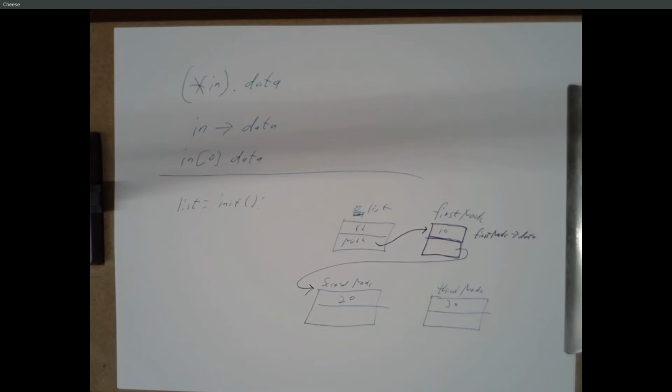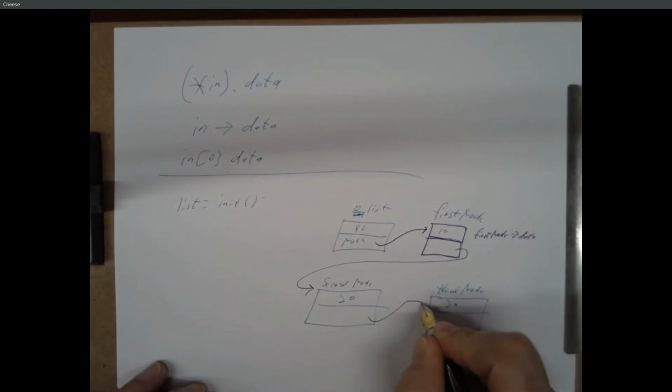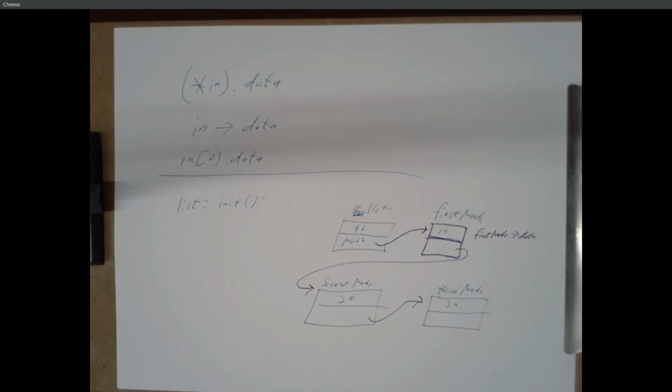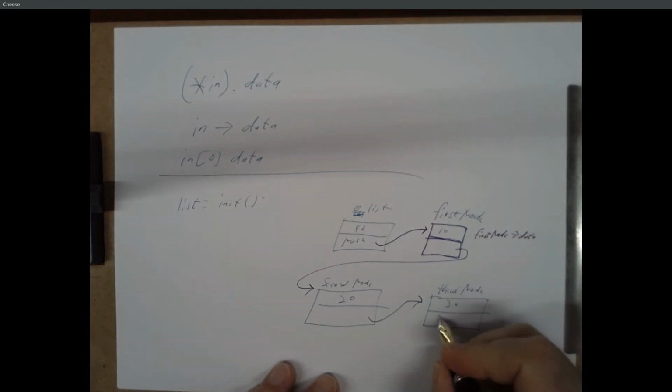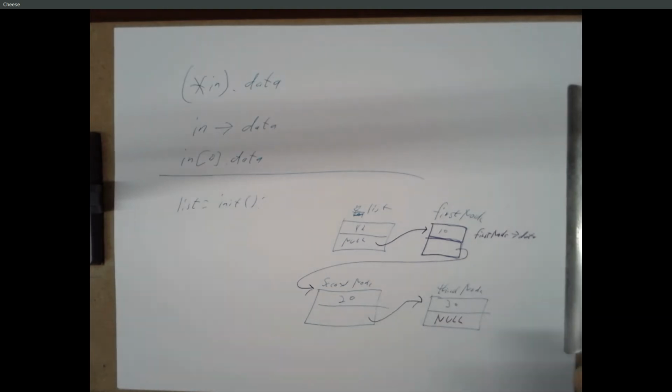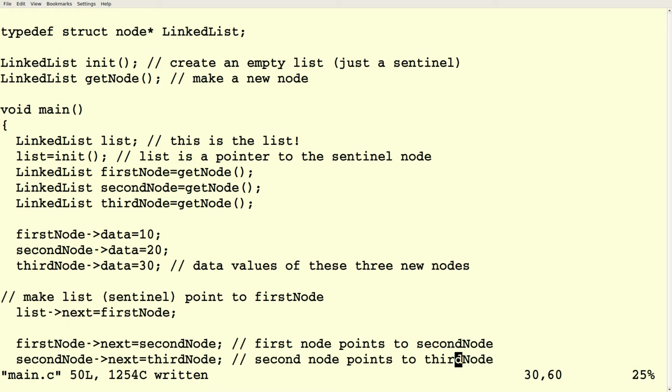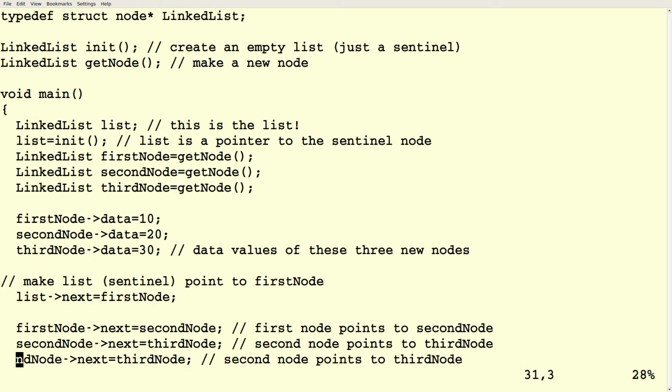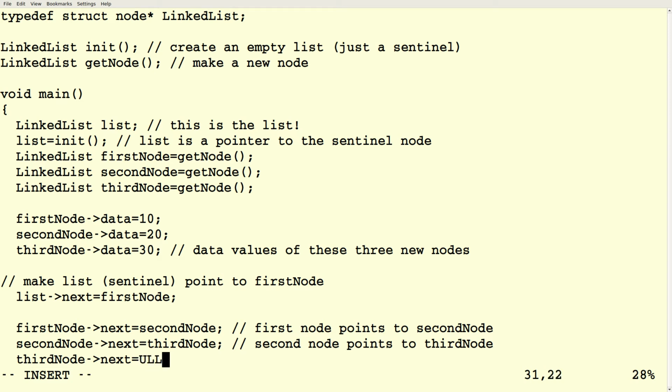And then how do we terminate the list? Yeah, so set the next down here equal to null. So this is third node arrow next, is just equal to null. So that should build a little linked list with a sentinel node and 3 data nodes inside our memory.